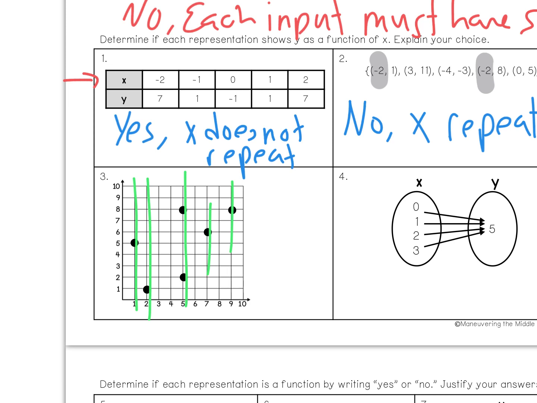So does x repeat then? Yes. So the answer is no, x repeats. I know that their explanation on the paper is slightly different, but I'm focusing on this idea that x repeating is the same thing as saying each input has only one output.